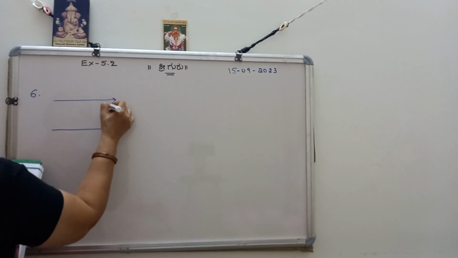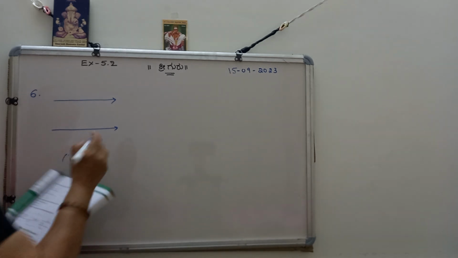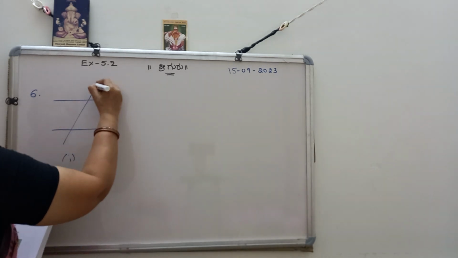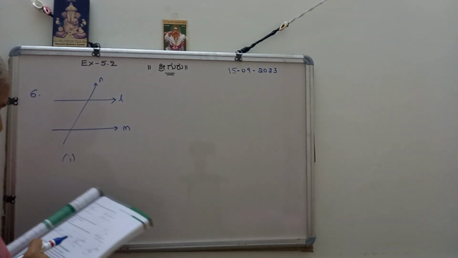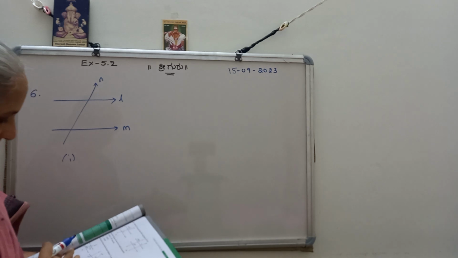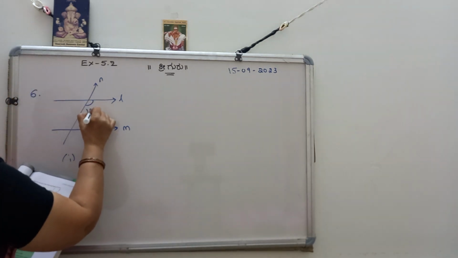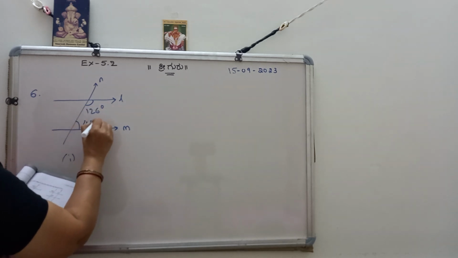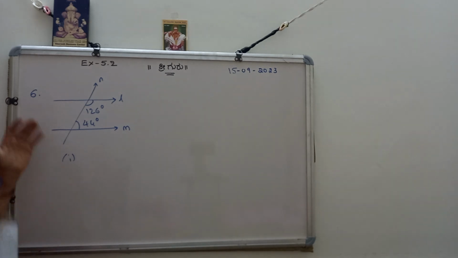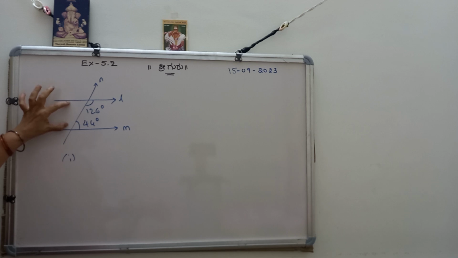In the first figure, L, M, N are the three lines intersecting at 2 points, and one angle is given as 126 and another angle is given as 44 degrees, and they are on the same side of the transversal and they are inside this pair of lines.